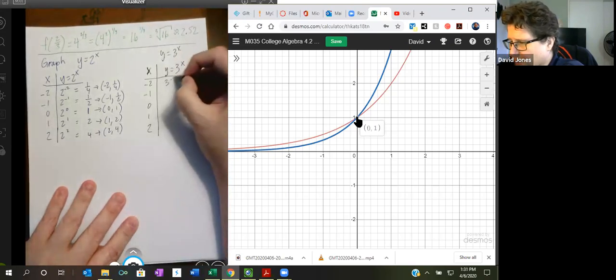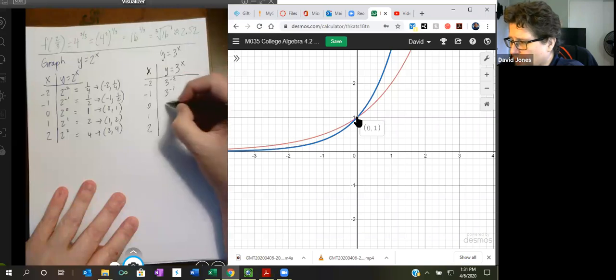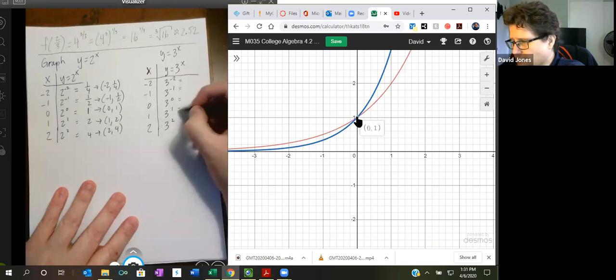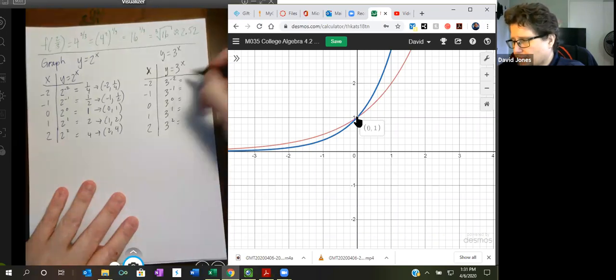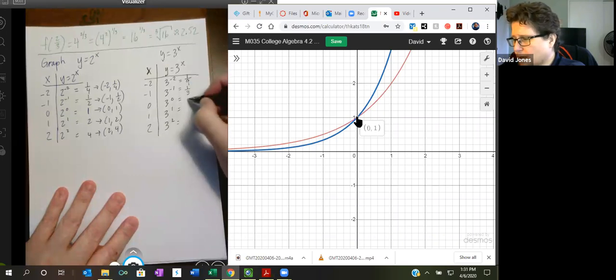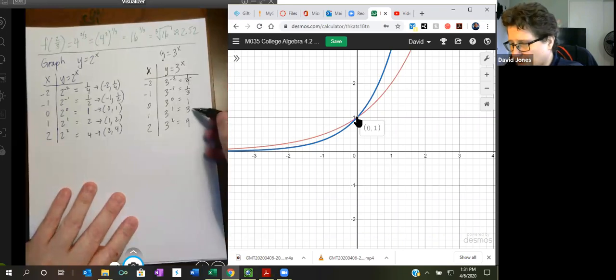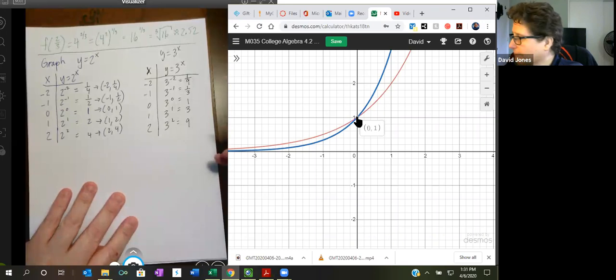This is 3 to the negative 2, 3 to the negative 1, 3 to the 0, 3 to the first power, and 3 to the second. This ends up being 1 over 9, 1 over 3, and 1. And these just flip over. In fact, it's easier to do the positive ones and then flip them over to get that.